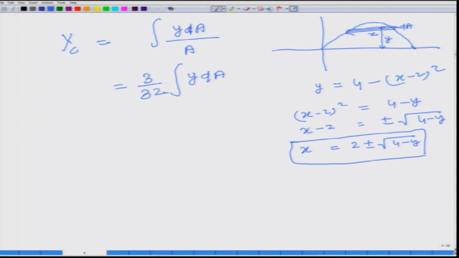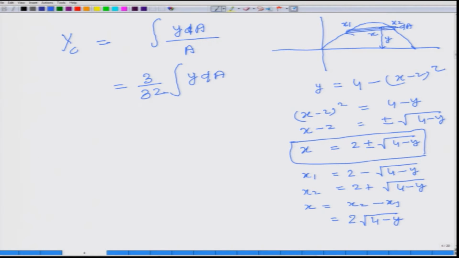So, here you have two values of x, that is x1 equal to 2 minus root of (4 minus y), and x2 equal to 2 plus root of (4 minus y). So, what will be the length of this strip? This point is x1 and this point is x2. So, the length will be x2 minus x1, which is equal to 2 root of (4 minus y), right.